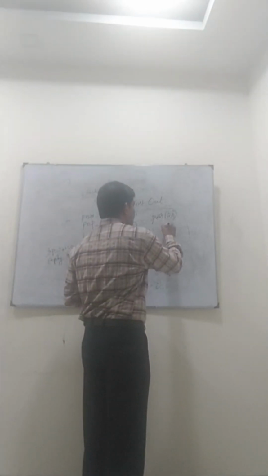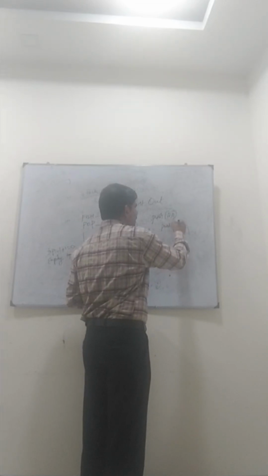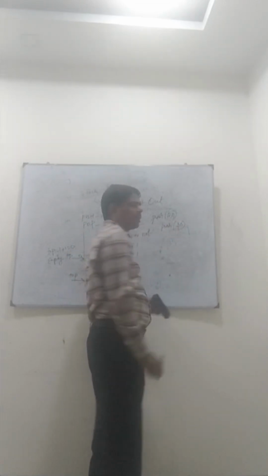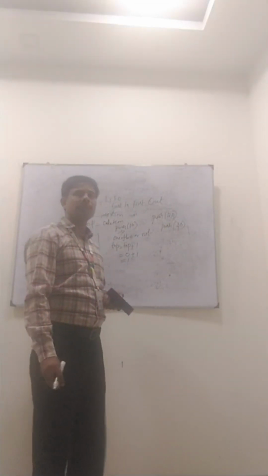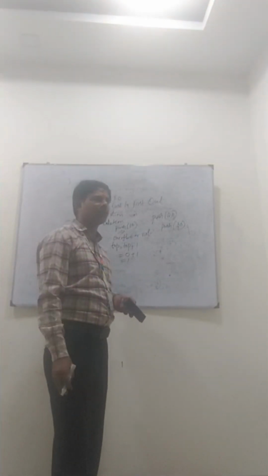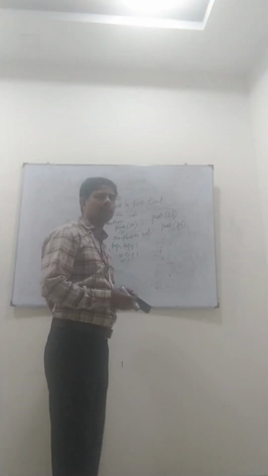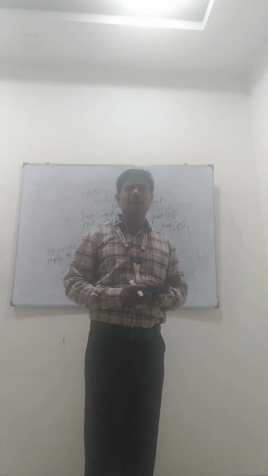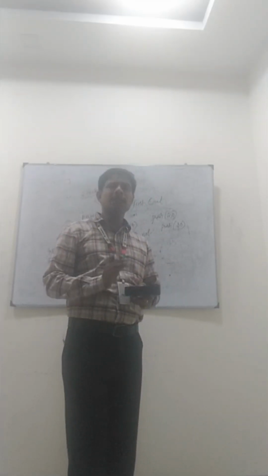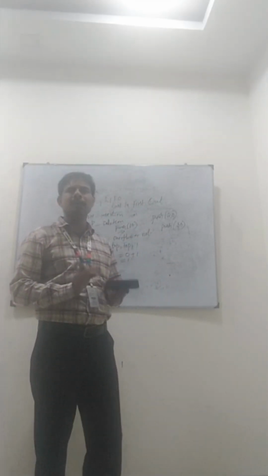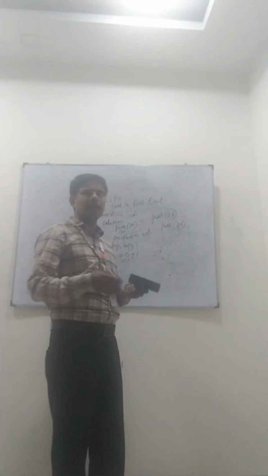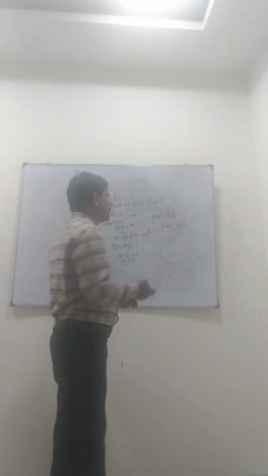Now again we perform the push operation, push of 30. First we check whether the stack is full or not. If the stack is full, we cannot perform insertion. Otherwise we can perform the push operation.